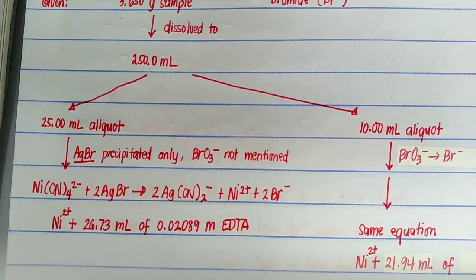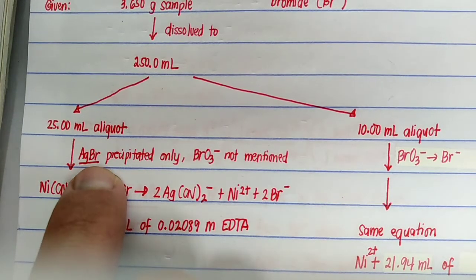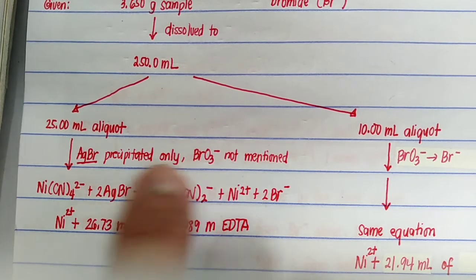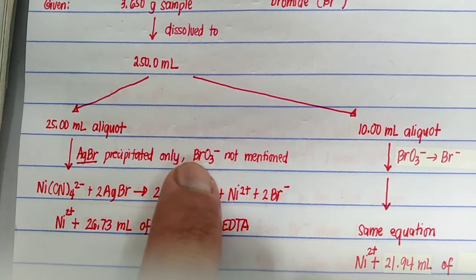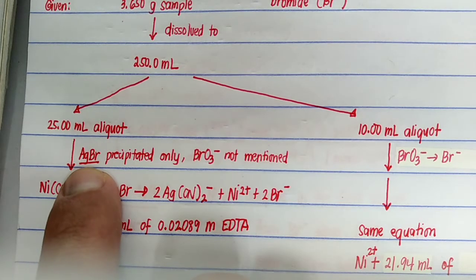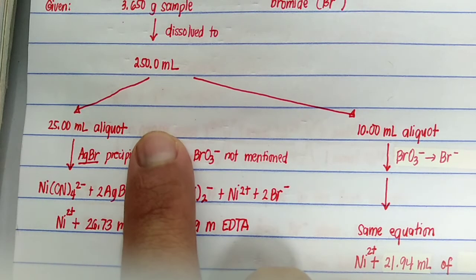The BrO3 minus is not mentioned at all. So in our 25 mL aliquot, only the bromide ion is of interest. Bromate does not yet come into play, and so only bromide is assumed to be the one we will compute for the 25 mL aliquot.